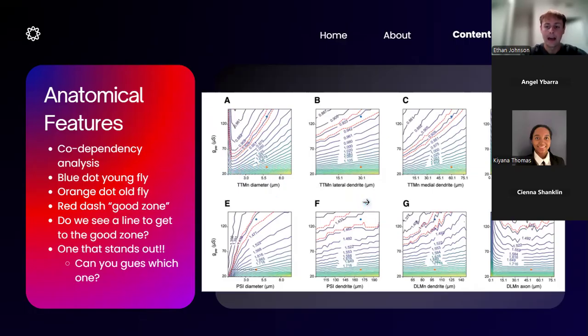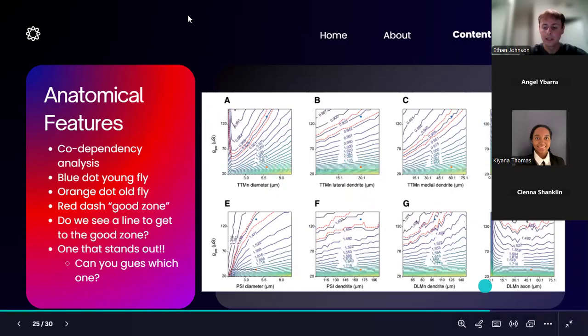And out of all of these different anatomical features that they were changing, they found that one had the biggest difference, and that was changing the PSI diameter.